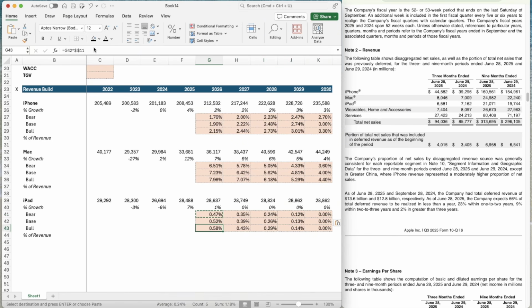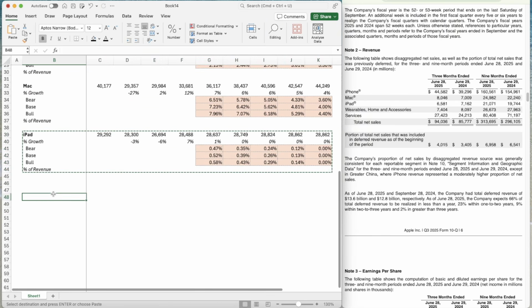Pull it across. And this should be C12. Also, just update this one from C10 to C11. Pull it across. There we go. Looking good.